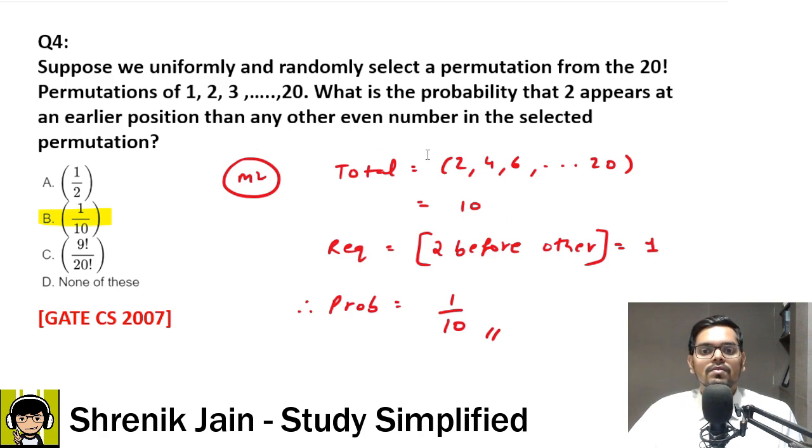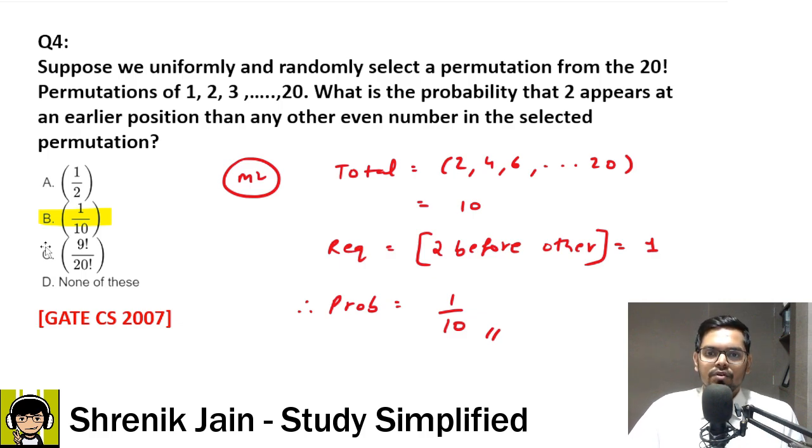So how many even numbers in total do we have? 2, 4, 6, 8. If you check, we have 10 even numbers. In that you need 2 to appear at an earlier position than any other even. So that is the only one case, 2 before the others, 2, 4, 6, right? Only one case. So one case out of 10. So 1 by 10 is the answer, as simple as that. A very basic logic to get the answer.